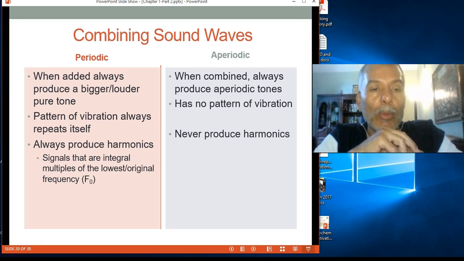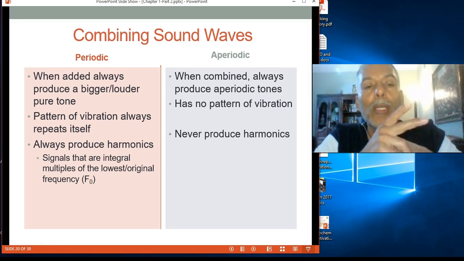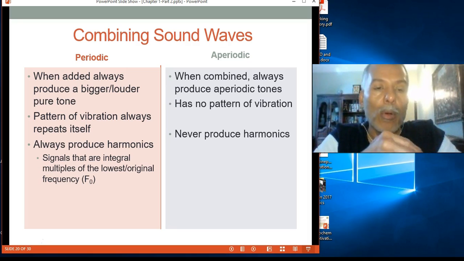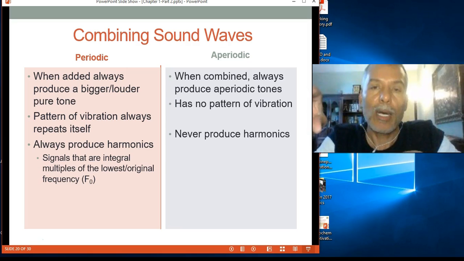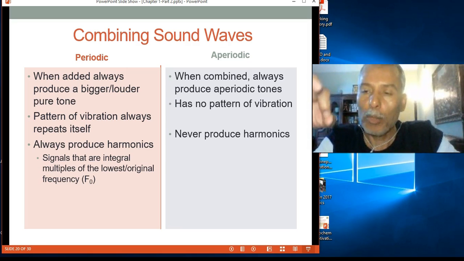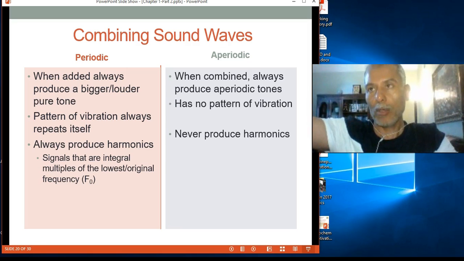So harmonics are signals that are integral multiples of the lowest, or the fundamental, frequency. In other words, if you get a slow speed camera and you get a guitar string or a string and you pluck it one time, let go.